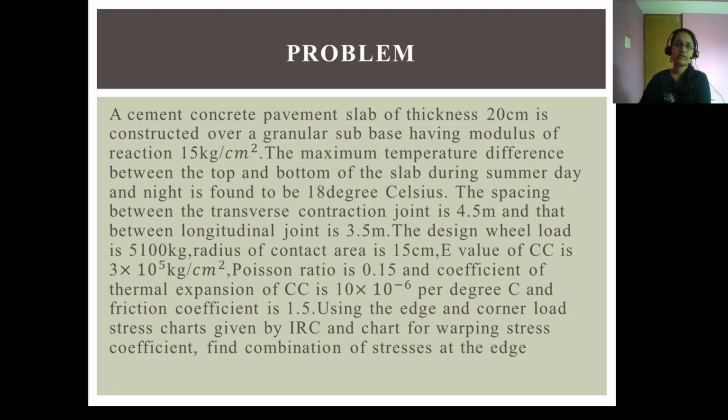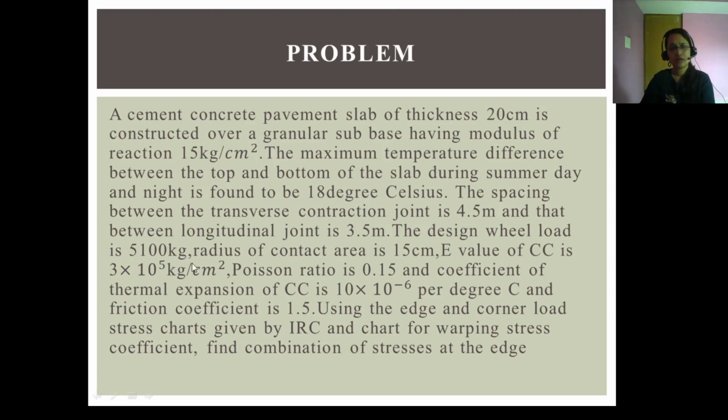Next, coming to a problem, let us read this. A cement concrete pavement slab of thickness 20 centimeters is constructed over a granular subbase having modulus of reaction 15 kg per centimeter square. The maximum temperature difference between the top and the bottom of the slab during the summer day and night is found to be 18 degrees Celsius. The spacing between the transverse contraction joints is 4.5 meter and that between the longitudinal joints is 3.5 meter.